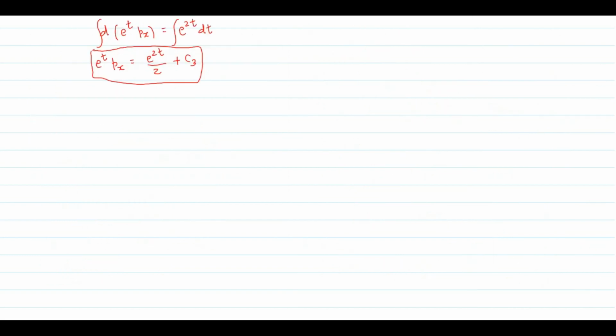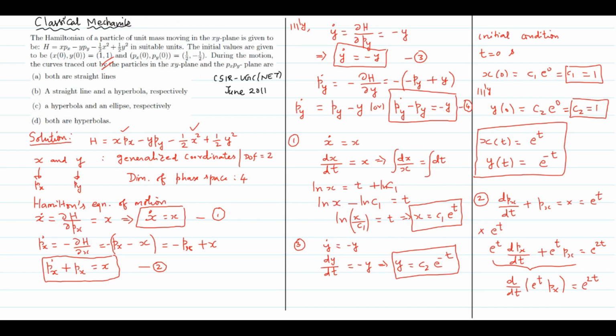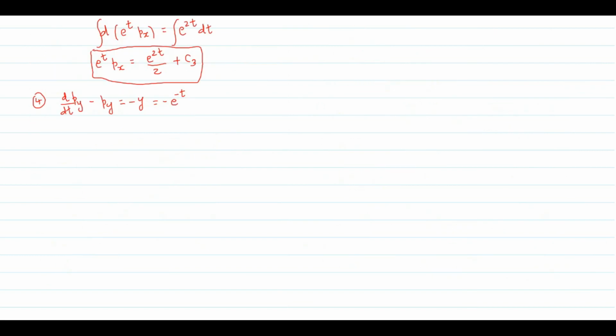So the fourth equation gives d by dt of p y minus p y is equal to minus y. Now what is y? y is e power minus t. So I am substituting for y because it is determined here. Now we have to solve.